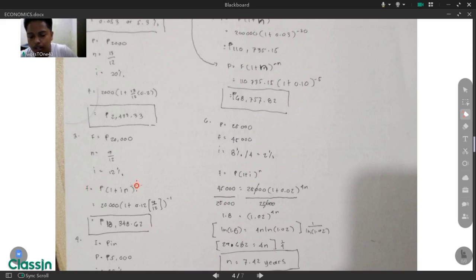So if we let the future worth, if we let the future be 9 months ago, so it's just reversed.